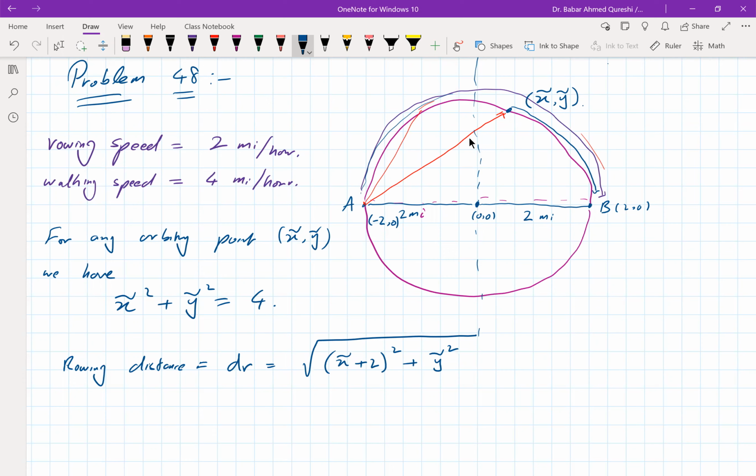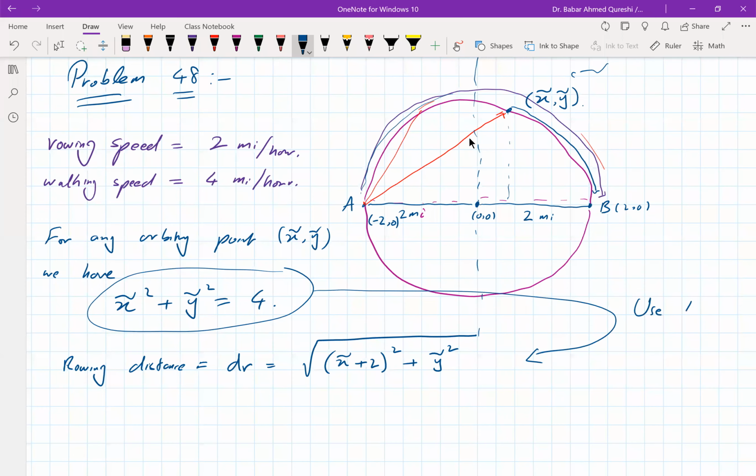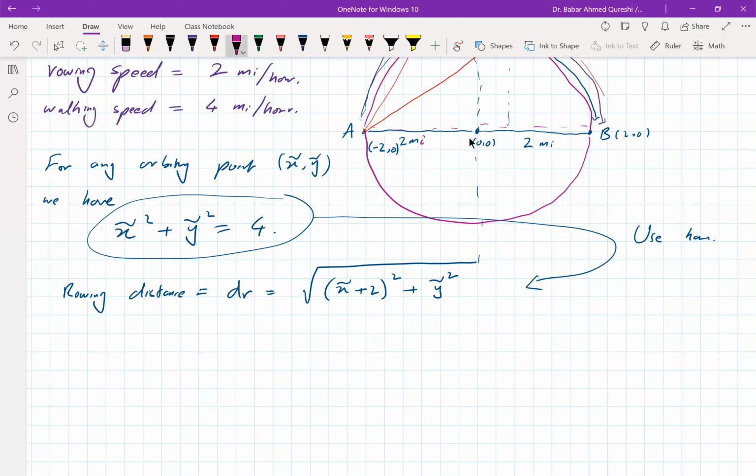However, this y tilde is not independent of x tilde. Once you have chosen an x, this y is fixed through this equation. So again, I'm finally going to maximize something, and I don't want dependence on 2 variables. So use this here. That gives me that the rowing distance is square root of x tilde squared plus 4 x tilde, plus 4.